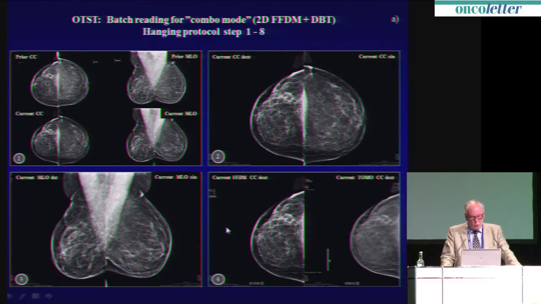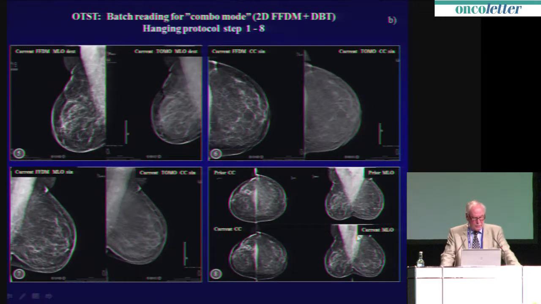And then we move to the tomo, and we always have the 2D images on the left screen, and we scroll through the tomo on the right screen. So regardless whether we use conventional digital, also FFDM, or we use synthetic 2D, we have the projection image on the left screen, and we scroll through the tomo on the right, starting with the right breast in CC projection, go on with the right breast in MLO projection, 2D image on the left screen, tomo scrolling through on the right.